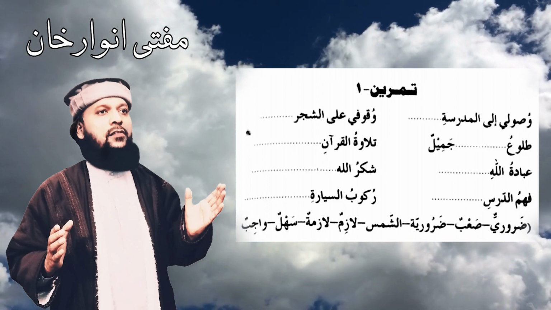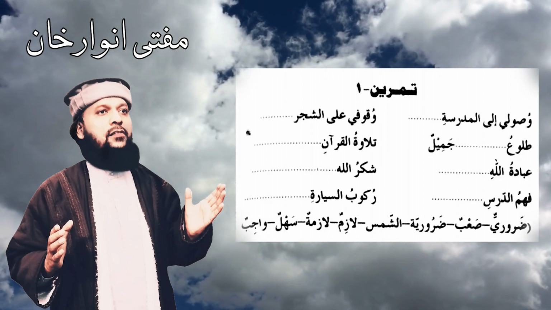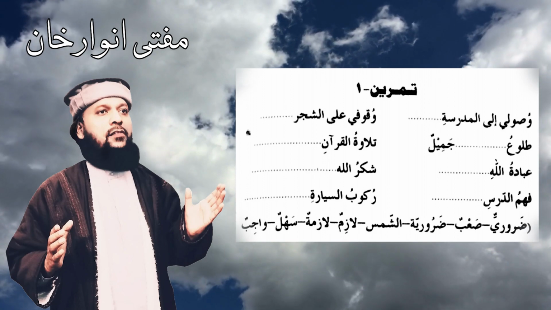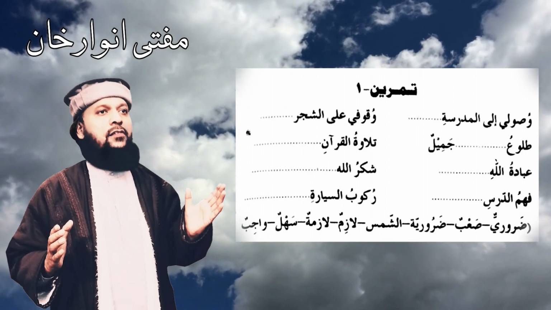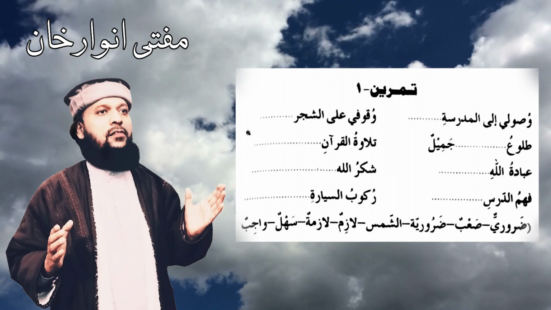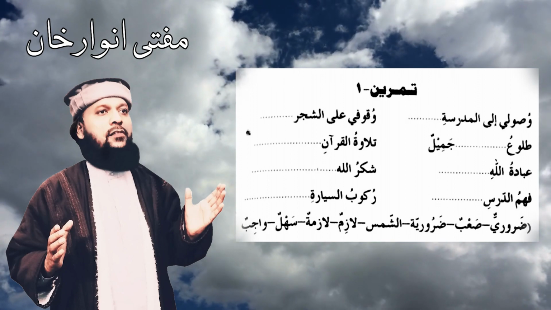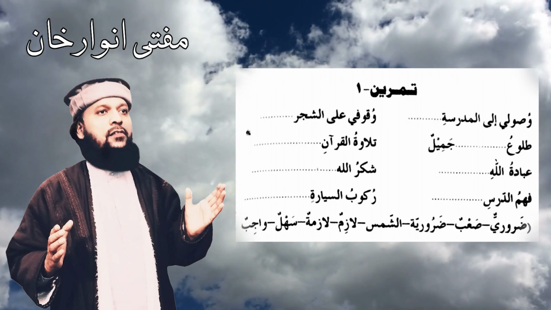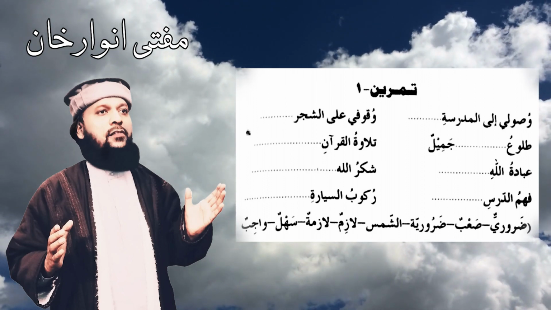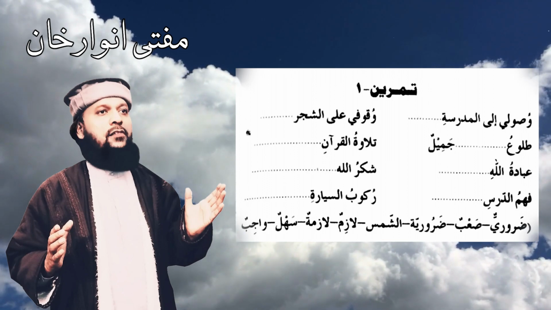Third, the first part, which is mubtada, and the second part, which is khabar, must both be compatible in terms of, for example, gender and other required things. So, ibadatullahi zaruriyatun. Ibadah is muannath, feminine, so zaruriyatun, the predicate, is also feminine.